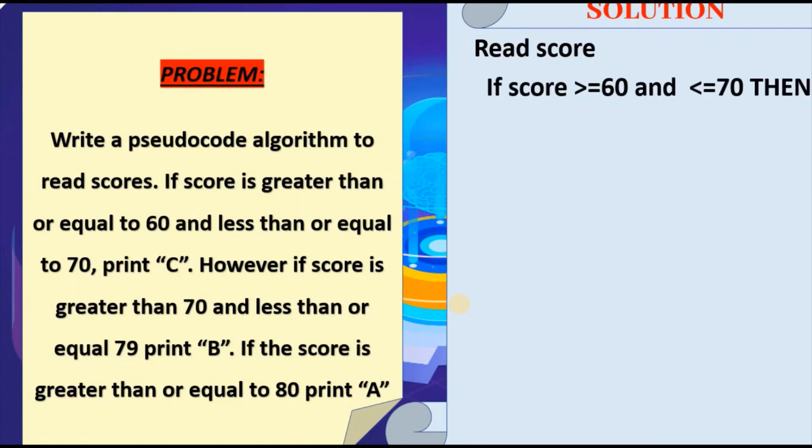So our keyword if score, and we have the greater than sign followed by the equal sign, which means greater than or equal to 60. And the next part of this if statement, less than or equal to 70, then what would happen? Well, they asked us to print the letter C, so that's exactly what we would do.